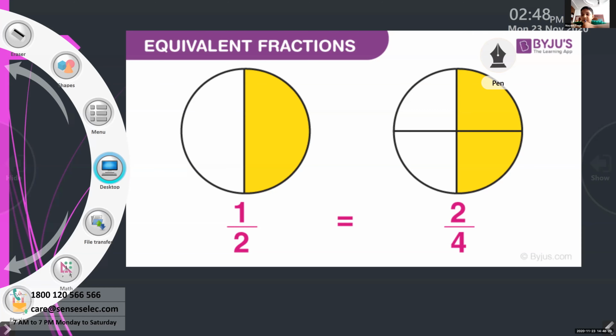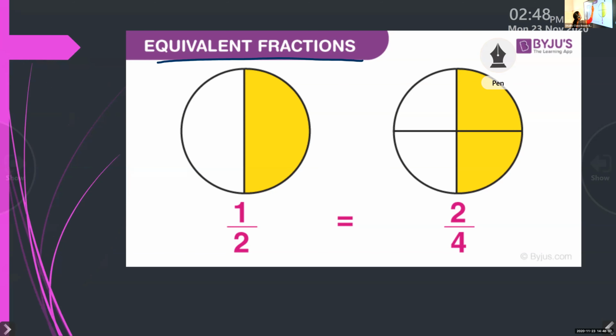Okay, so children, please wait. What are we learning? Equivalent fractions. Look at the spelling: equivalent fractions. We just discussed that equivalent fractions means fractions that denote the same part. Look here.